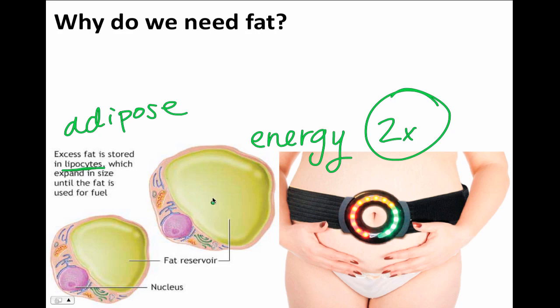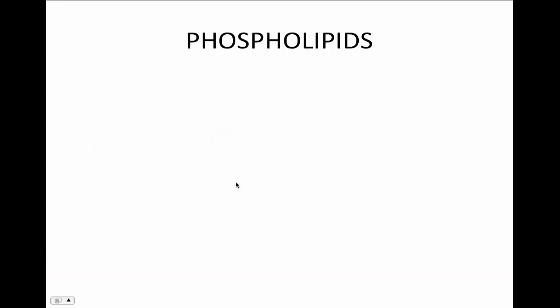So these adipose cells, or these lipocytes, store their fat in a kind of a giant container like a vacuole. And when your body needs it, it will excrete it. And when your body needs to store it, it will put it back in. So these cells actually expand and shrink.